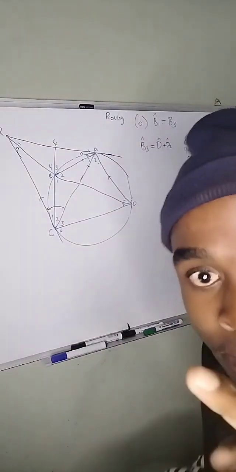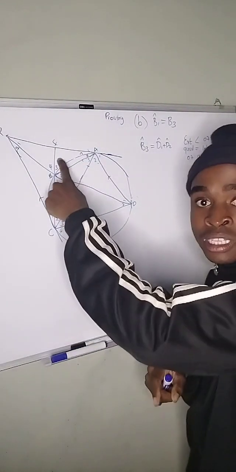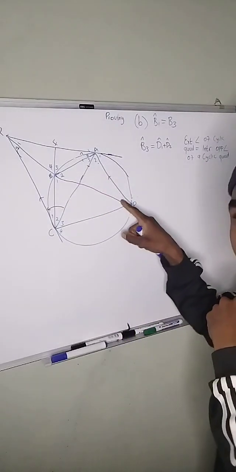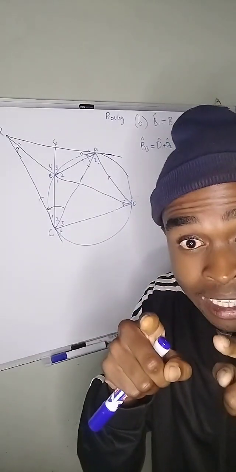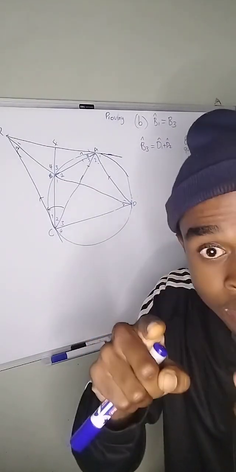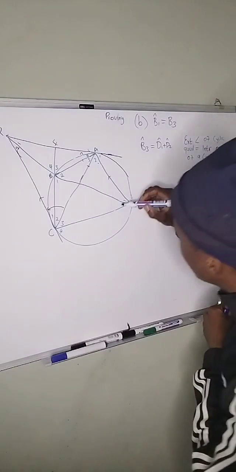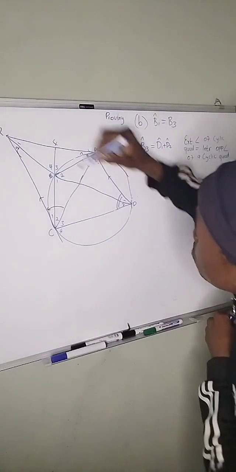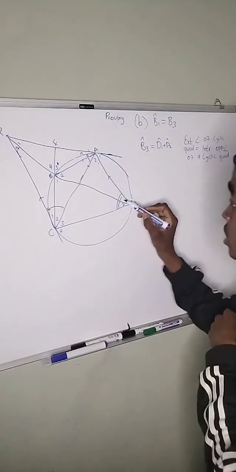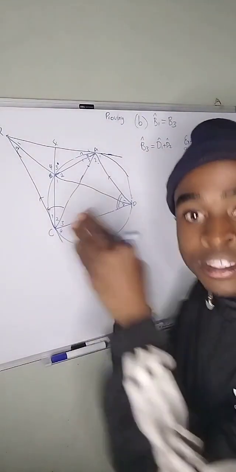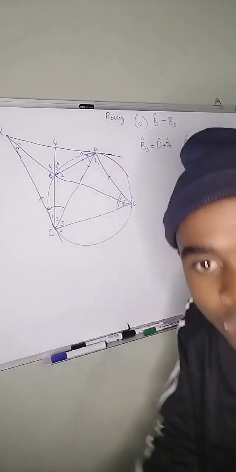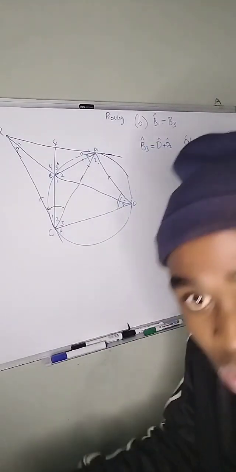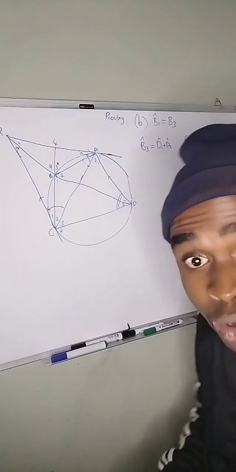Guys, let me give you a tip. The moment you saw B3 is going to be equals to D1 and D2, don't shift your eyes. Now we moved from this point to this point, and we don't shift our eyes. Now we are going to look for the angle which is going to be equals to D1 and D2. So now let's try.